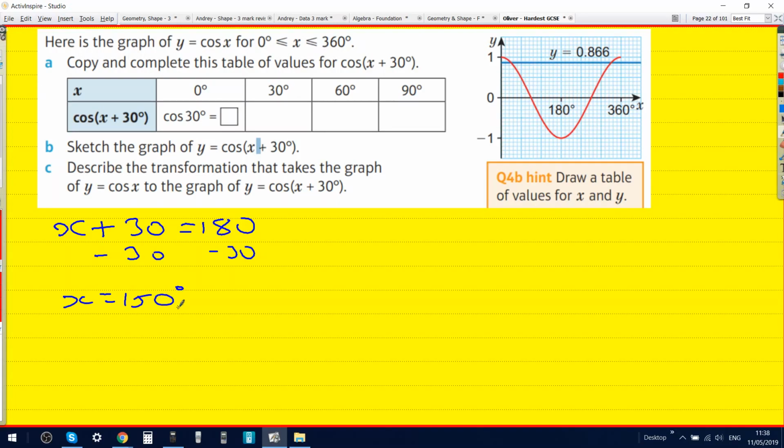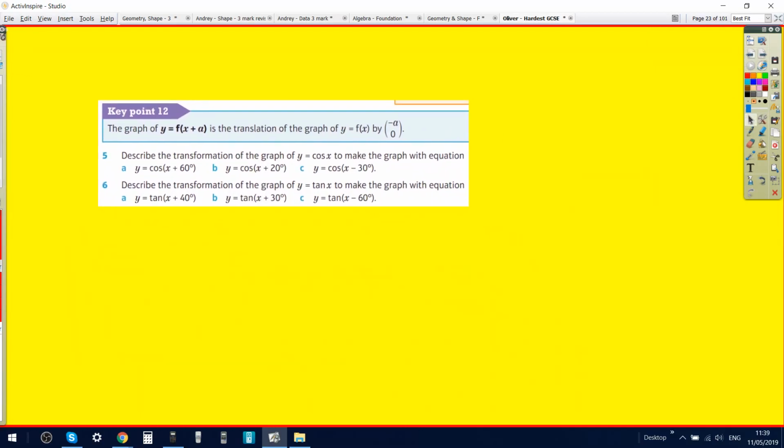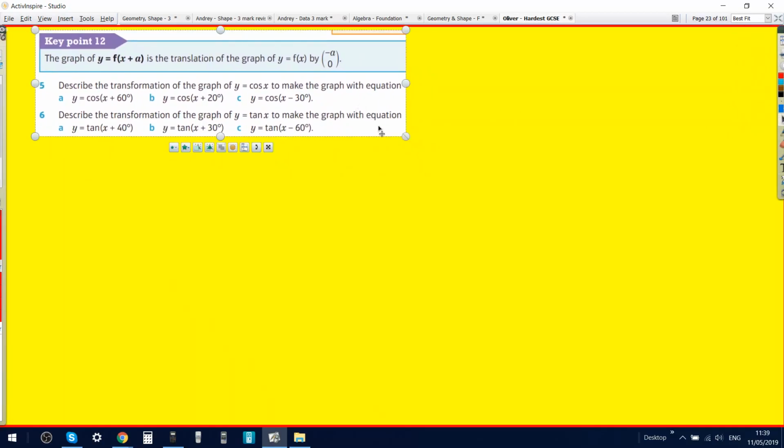And so what's going to happen to the graph? It's going to move 30 to the left. Do you know how you describe that fully? Translation of minus 30, 0. Well done. The y, they've already brought it to the other side, so that works the way it's supposed to.